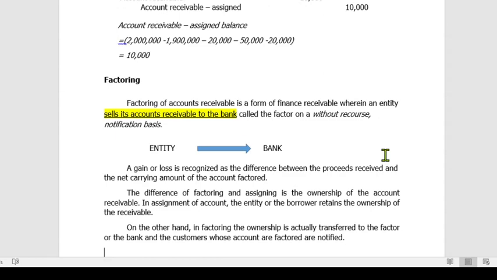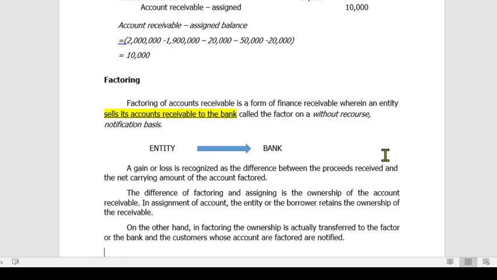Ang tinatawag na yung mga factor ay yung mga bank or financial entity on a without recourse notification basis. Ano ibig sabihin ng notification basis? Because the accounts receivable holders are notified of the factoring without recourse.